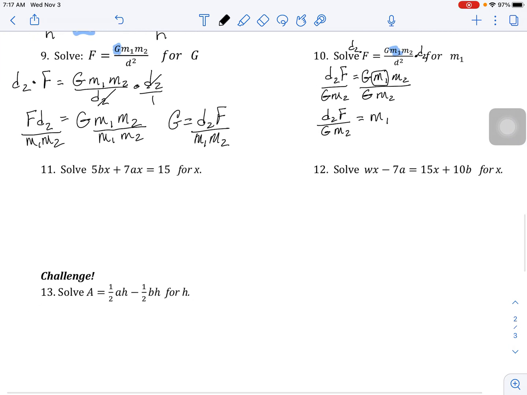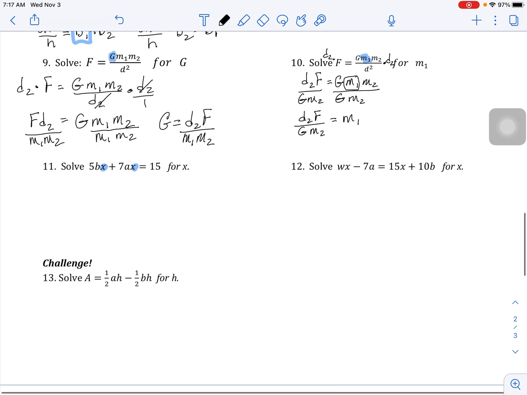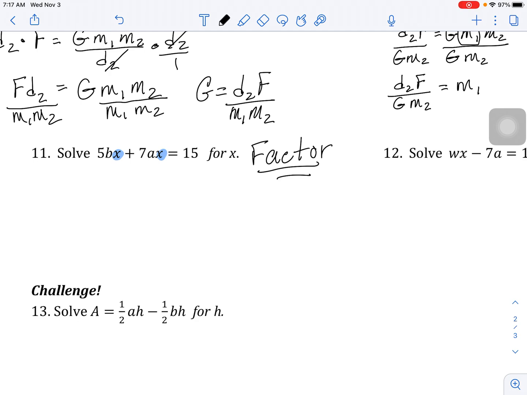All right, the last type of problem that I need to show you is when the variable shows up twice and you can't combine it to a single like term. What do you do? Okay, here you have to factor. What do I mean by that? Well, in number 11, we're solving for x, and x is in both of those terms, but I can't put those terms together.